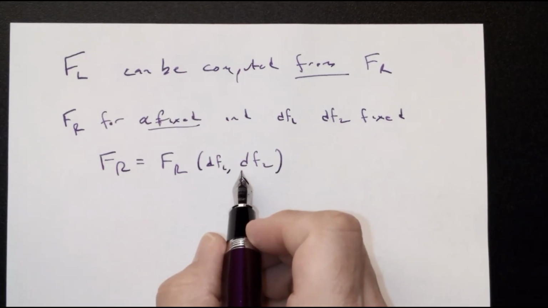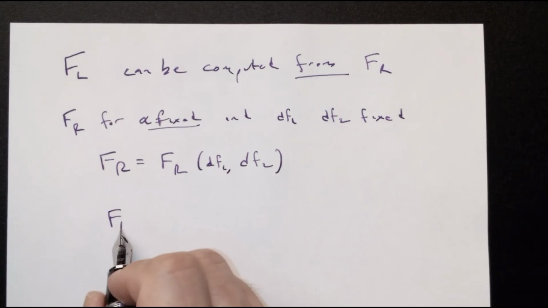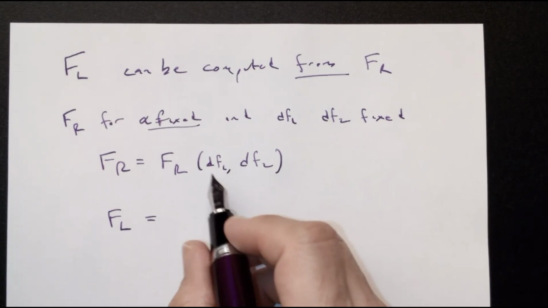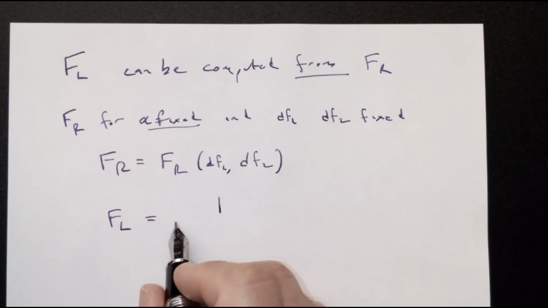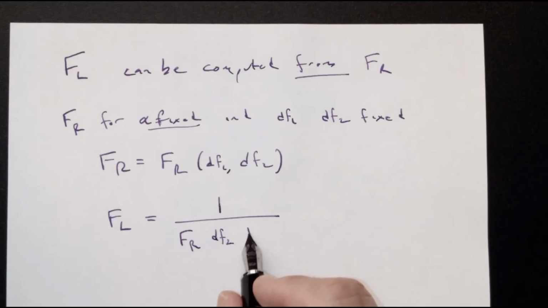This one tells me which row I'm in the table. But if I want FL, I'm going to flip these two, and I'm going to flip the whole thing over. So that means I can get the FL values out of this table.